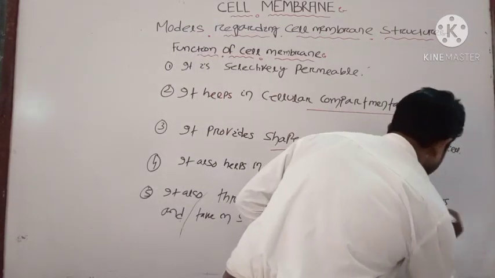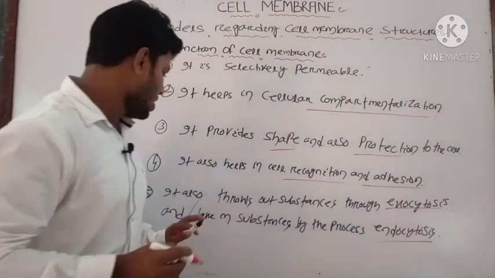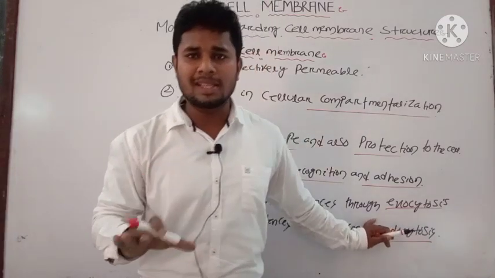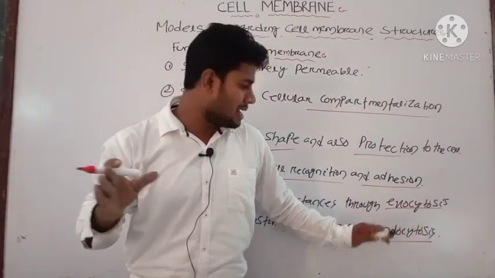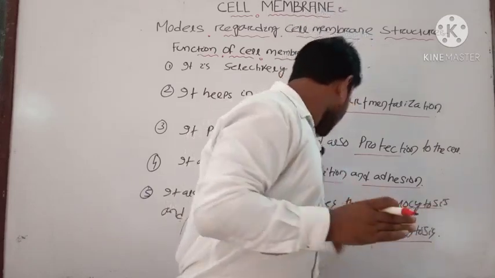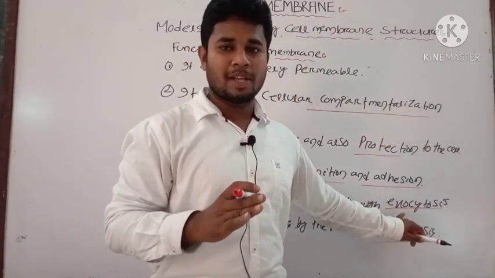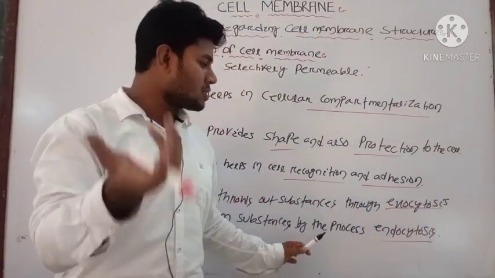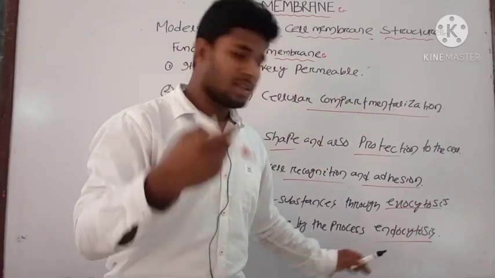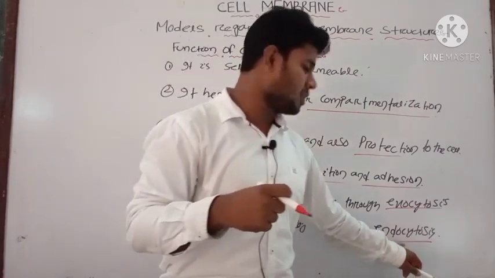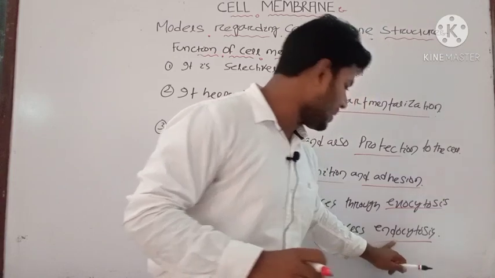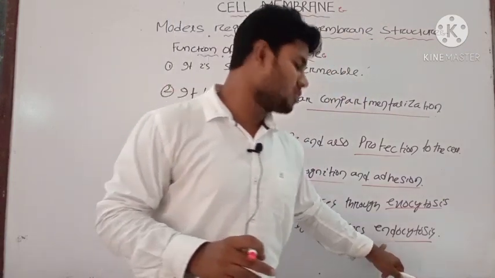Here you can see exocytosis and endocytosis. Those substances which are not needed by the cell, or the excretory materials, are thrown out of the cell by the process of exocytosis, and those substances which are needed by the cell come into the cell by the process of endocytosis. There are two types, one is your phagocytosis and one is your pinocytosis.